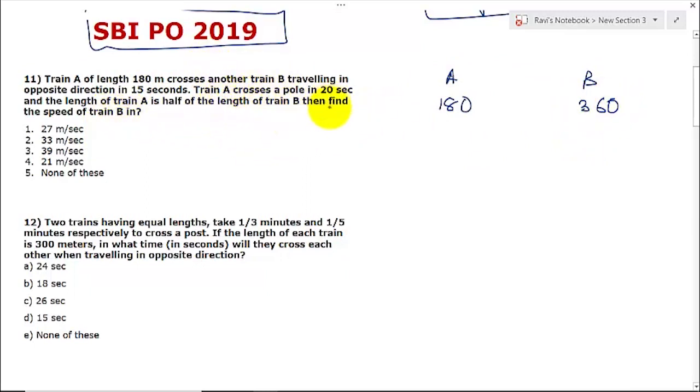Train A crosses a pole in 20 seconds, so speed is length by time, 180 by 20, so the value would be 9. So speed of train A would be 9 meter per second.